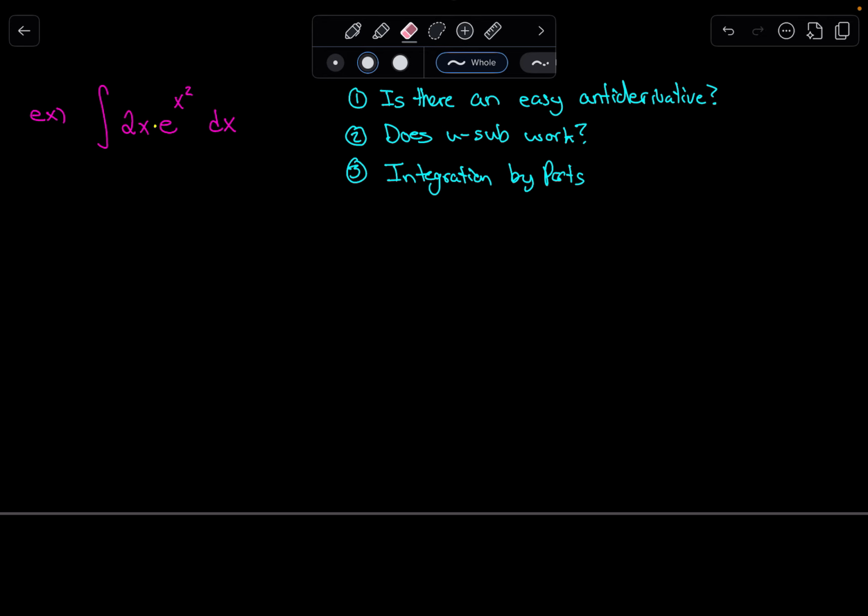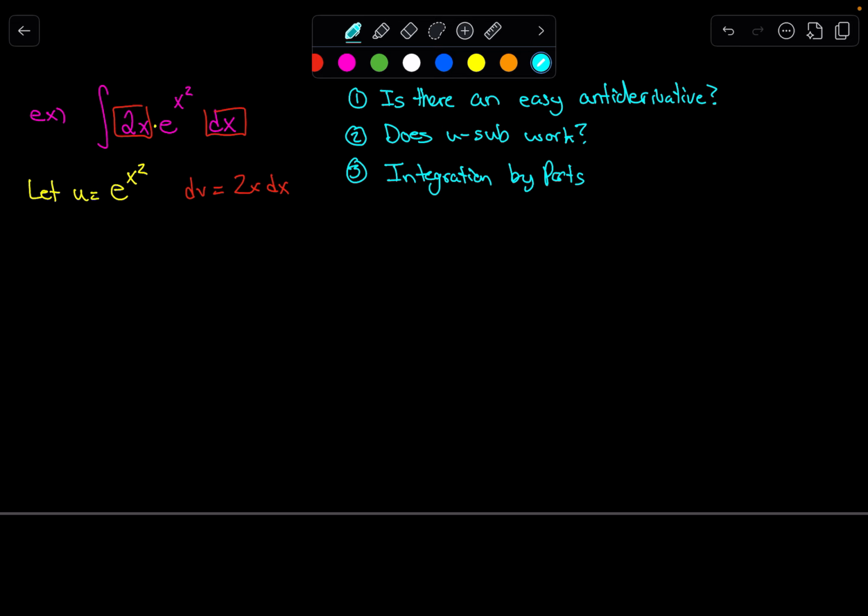If I can't integrate one of these functions, but I can definitely integrate 2x, let's try what if we let u be equal to e to the x squared, and let's let our dv be equal to everything that's left over, so the 2x dx.